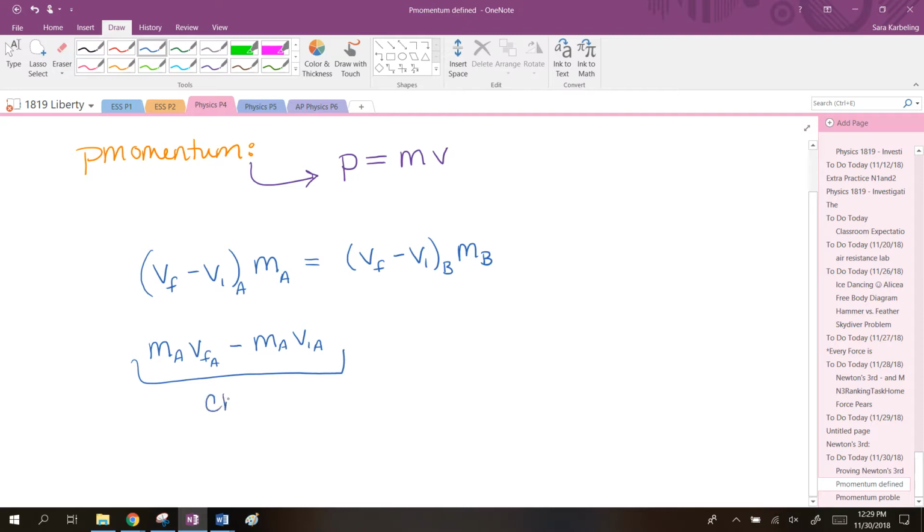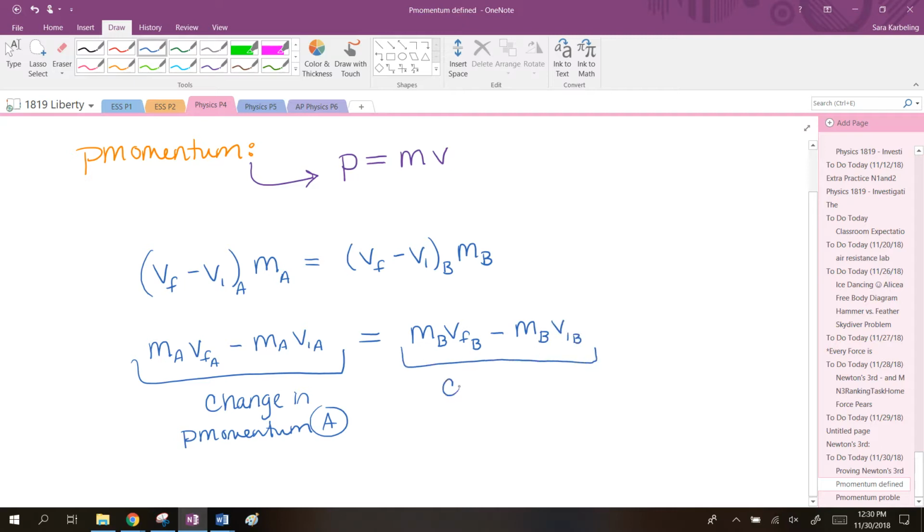Okay. The change in momentum for object A must be equal to the mass times the final velocity for B minus the mass times the initial velocity for B, the change in momentum for A. Oh, for B, excuse me.